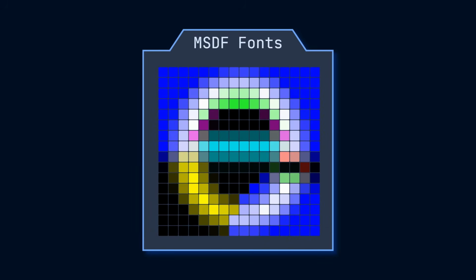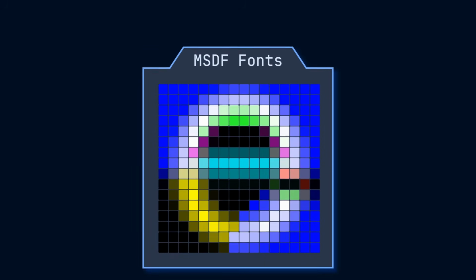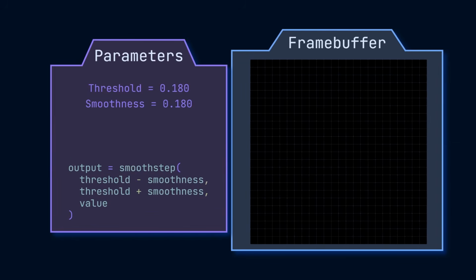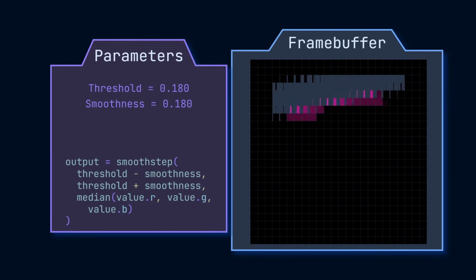Drawing a glyph with this representation is super similar to the SDF rendering part, so let's bring back the parameters. The only thing that really changes here is the value parameter. Since we don't just have a single distance value anymore, we have three stored in the RGB color channels of our image. In the end though, we still need a single distance value, and to get that, we can use something called the median operator, which is the same as the median in statistics.